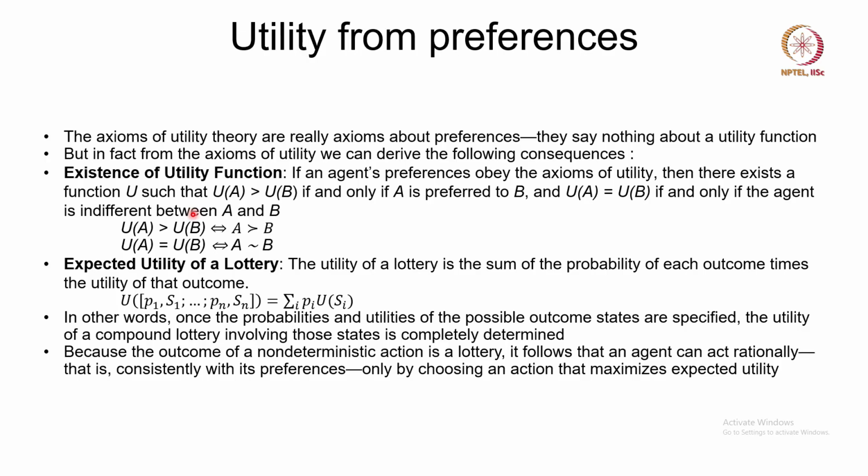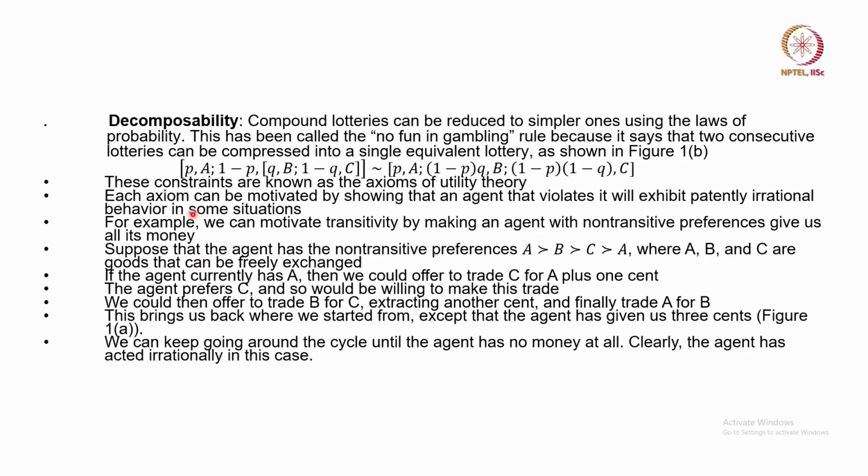It has been shown here that if the agent currently has A, then we could offer to trade C for A, plus 1 cent. The agent prefers C and so it would be willing to make this trade.